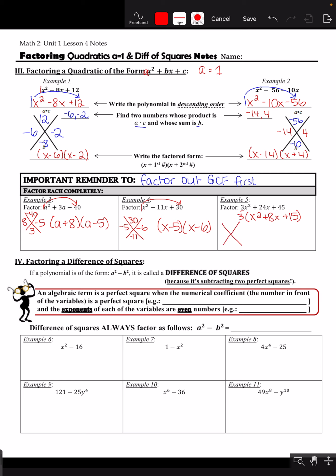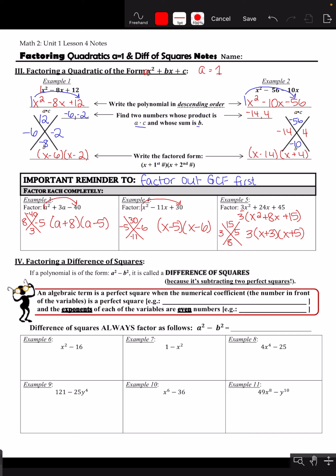And so using that trinomial inside the parentheses, I've got a 15 up top and an 8 on bottom. My two numbers that multiply to give me 15, but add to give me 8, are 3 and 5. Keeping that GCF in front, I'm then going to write my factors. So hopefully that's not too bad.